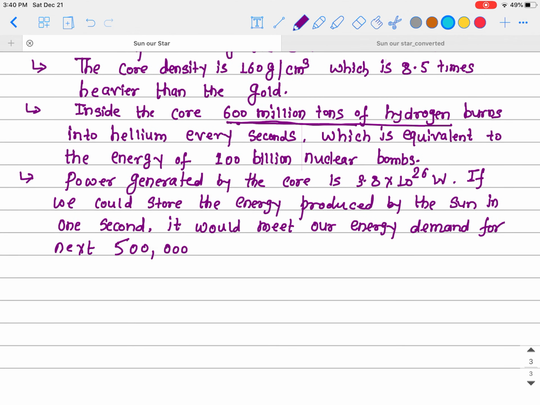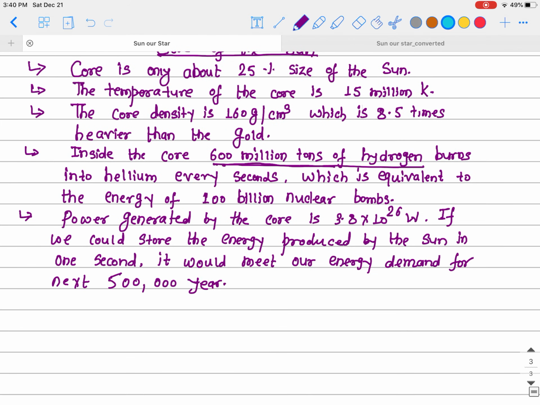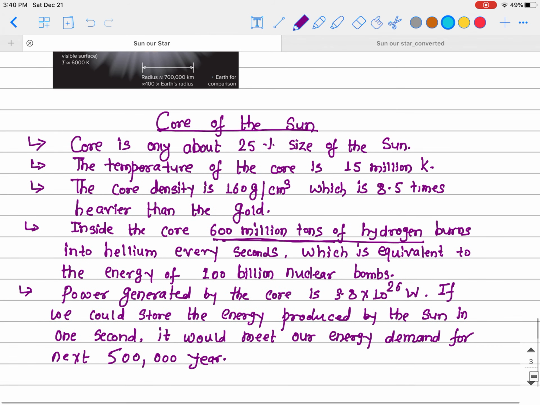So it can fulfill our energy demand for another 500,000 years. That's how much energy is released by the sun.